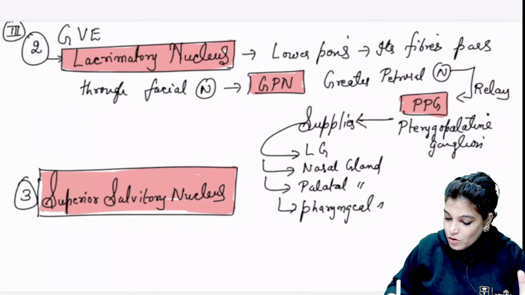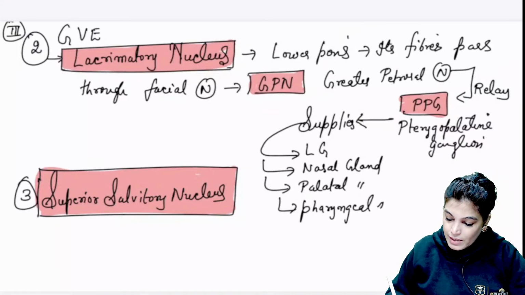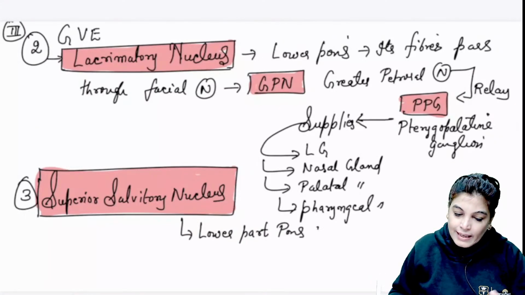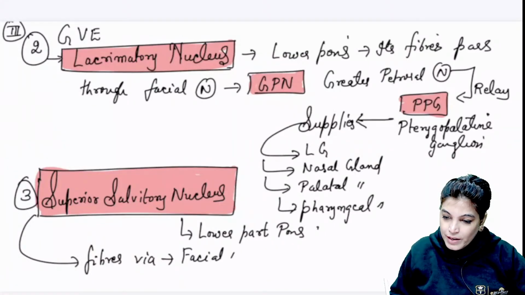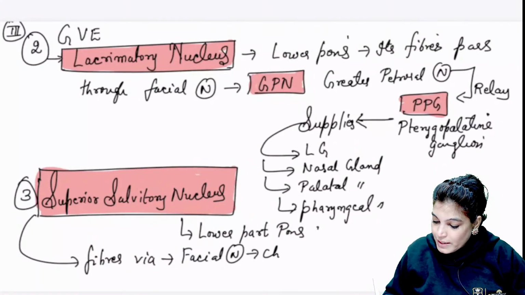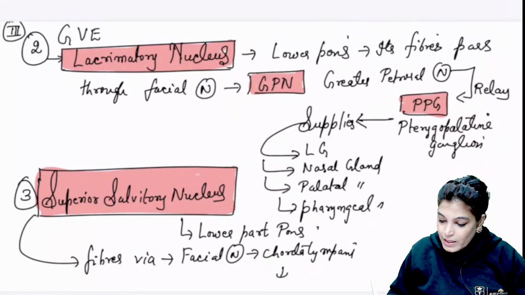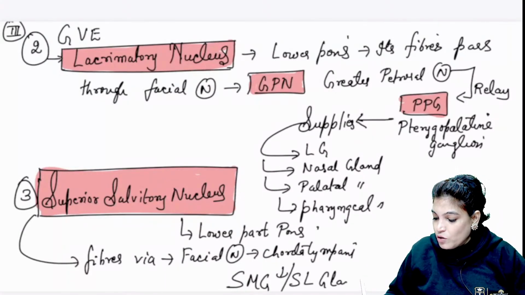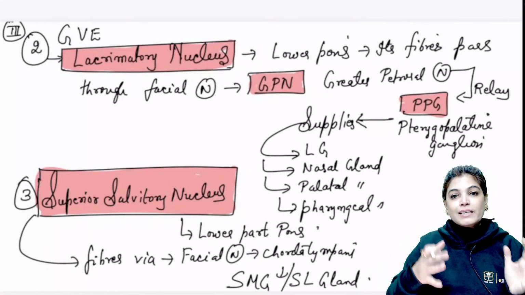This nucleus is also located in the lower part of the pons, and it will send fibers via the facial nerve and its chorda tympani branch to which gland? It will supply the SMG and SL glands. What do you mean by SMG and SL gland?